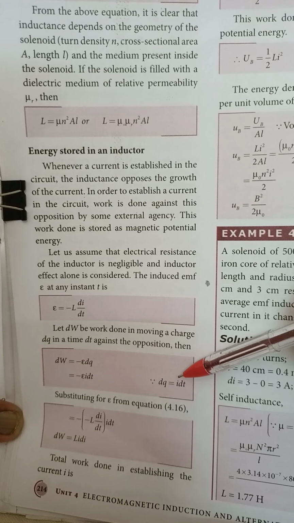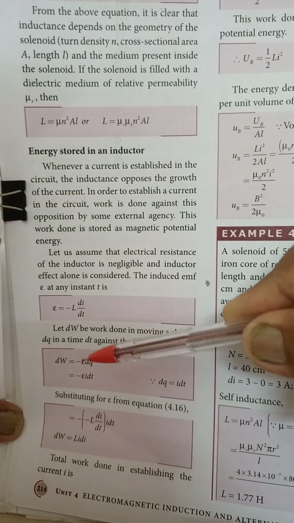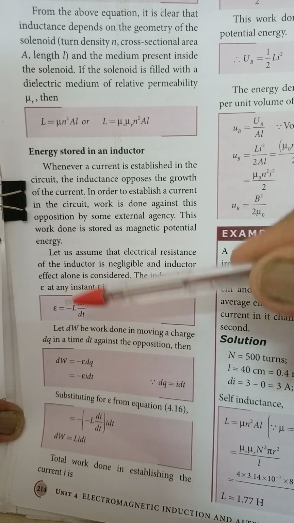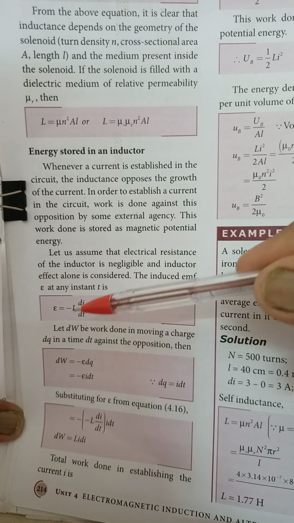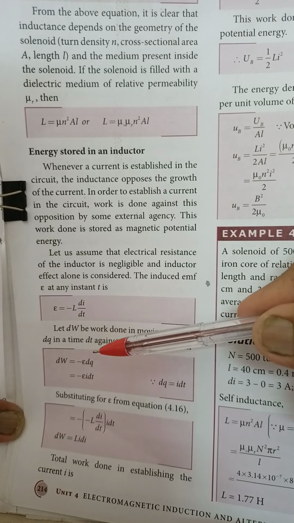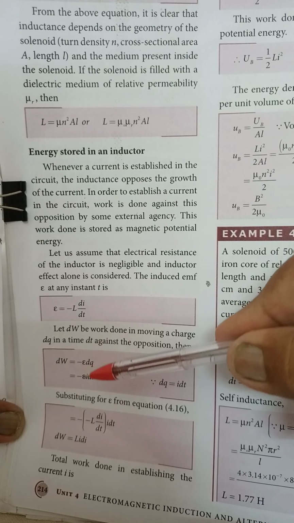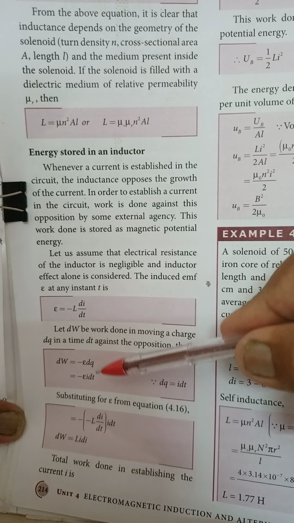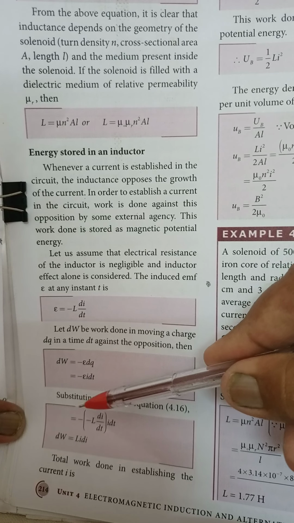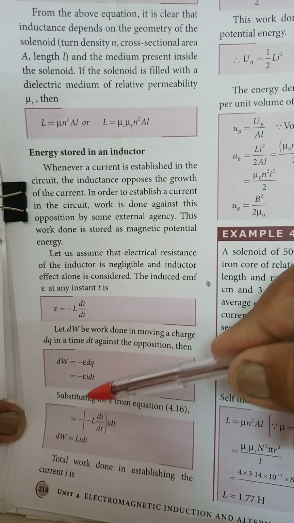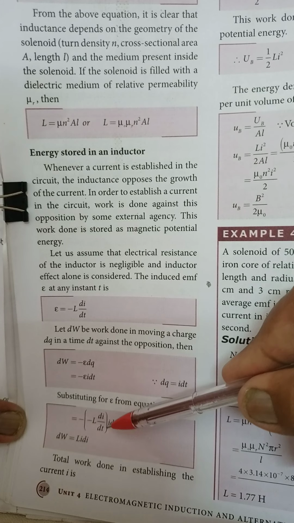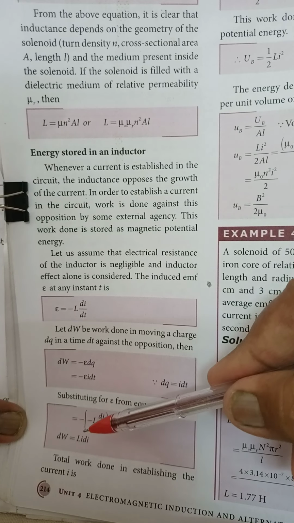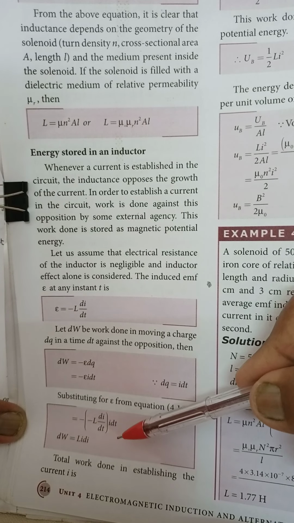Because dq is equal to I into dt, I can write dW, the small amount of work done in establishing a small current di through this inductor, is equal to minus E I dt. Substituting E in this equation, we get dW is equal to minus of minus L into di by dt into I dt. dt cancels, so dW is equal to L I di.